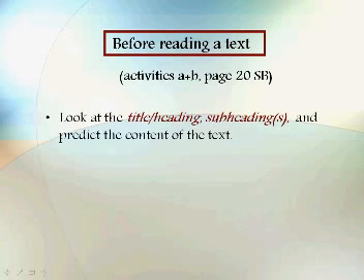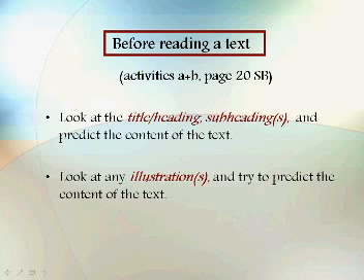Okay, the first thing is you have to look at the title or heading. This will tell you so many things about the ideas of the text. Look at the title, look at the heading, and the subheadings. Okay? From the title you will understand lots of things. You will at least understand the main idea of the text.